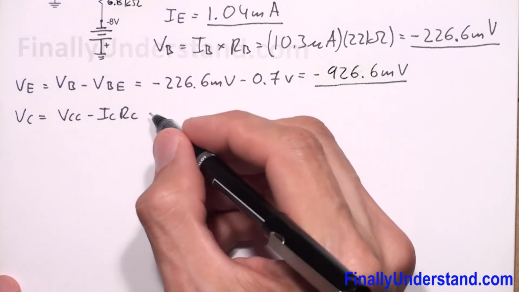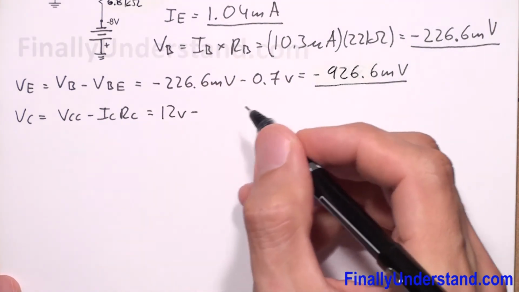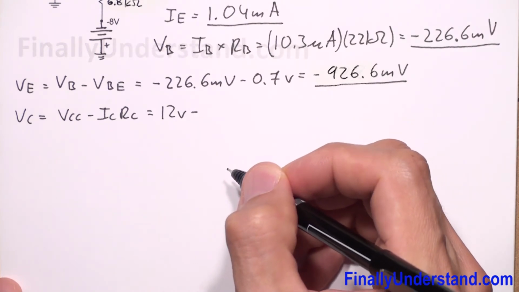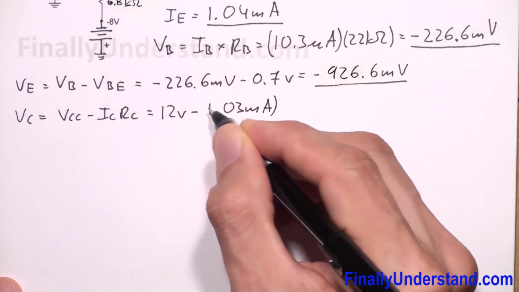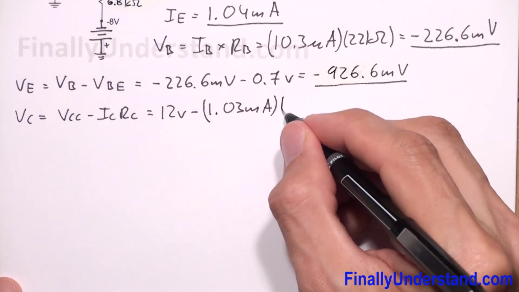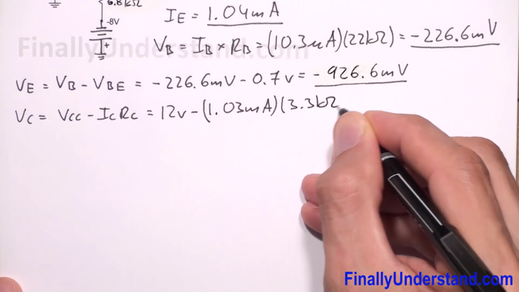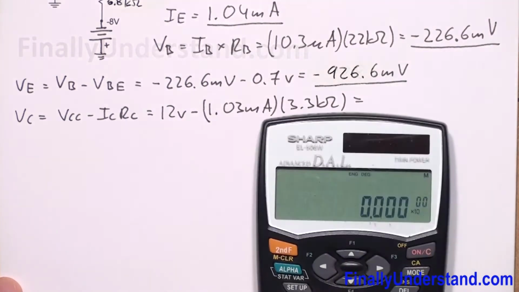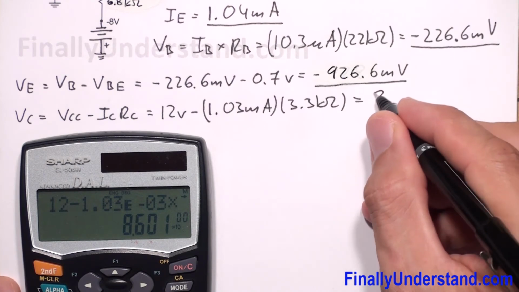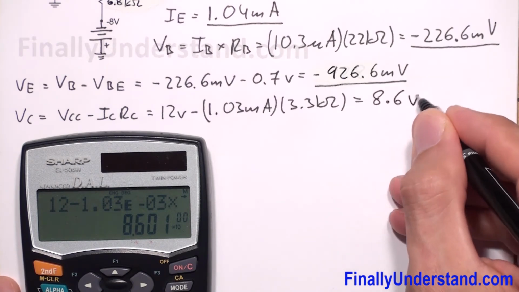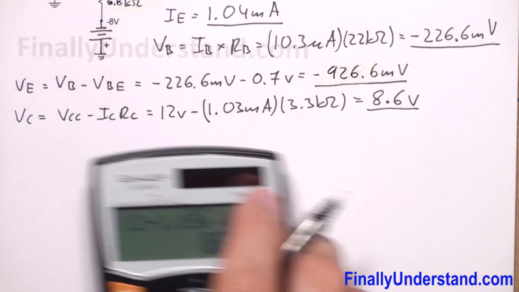So I have VCC equals 12 volts minus IC, and we found IC is 1.03 milliamps times RC, which is 3.3 kiloohms. So this is 12 minus 1.03 exponent negative 3 times 3.3 exponent 3. This is equal to 8.6 volts. So this is the voltage at the collector.